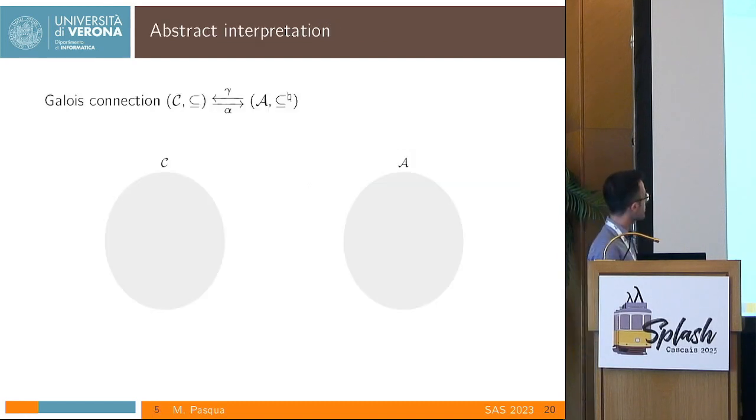And in program analysis, you very often use abstract interpretation in order to define your analyzer. So in abstract interpretation, you have the concrete domain where programs live, and where we want to check the correctness. We want to prove the correctness of our programs, but this is a quite complicated mathematical object. So we have this other, simpler domain where we can prove the correctness of programs in an abstract way.